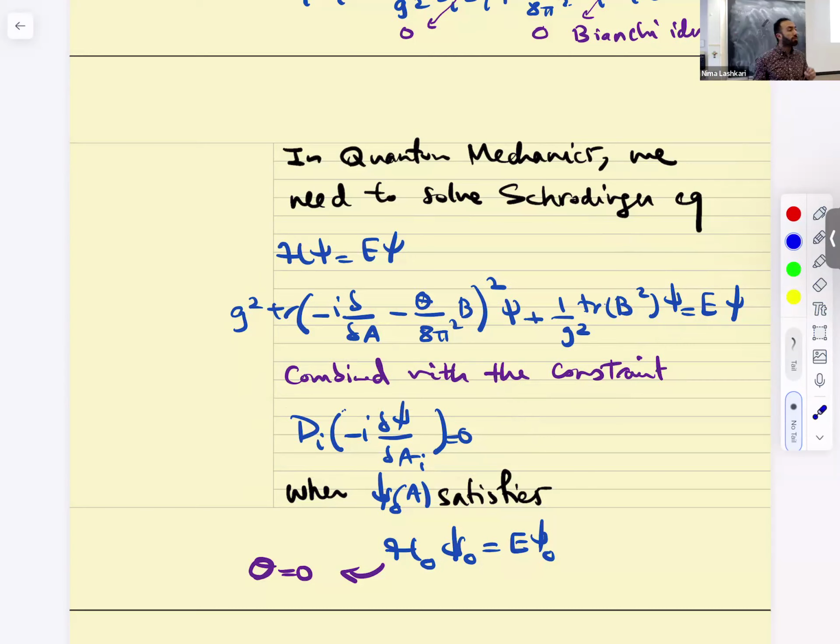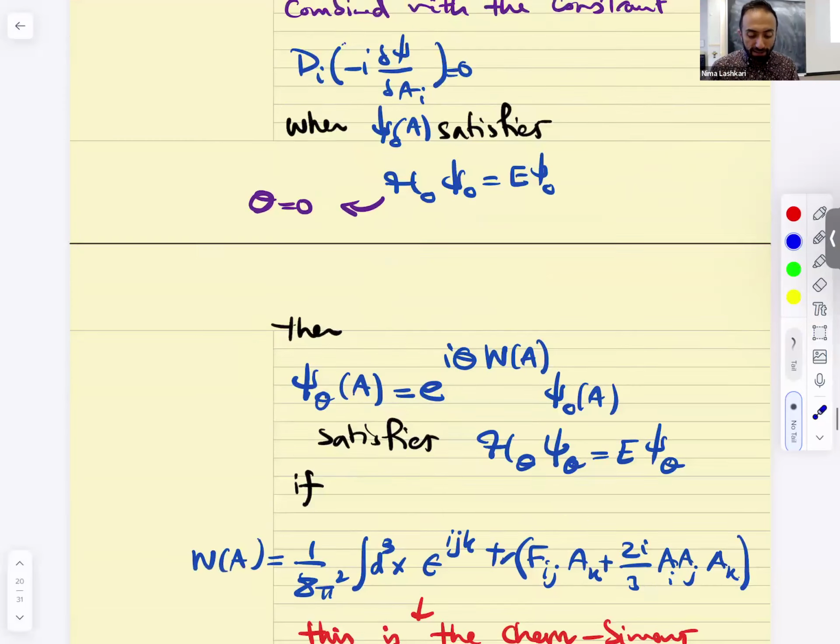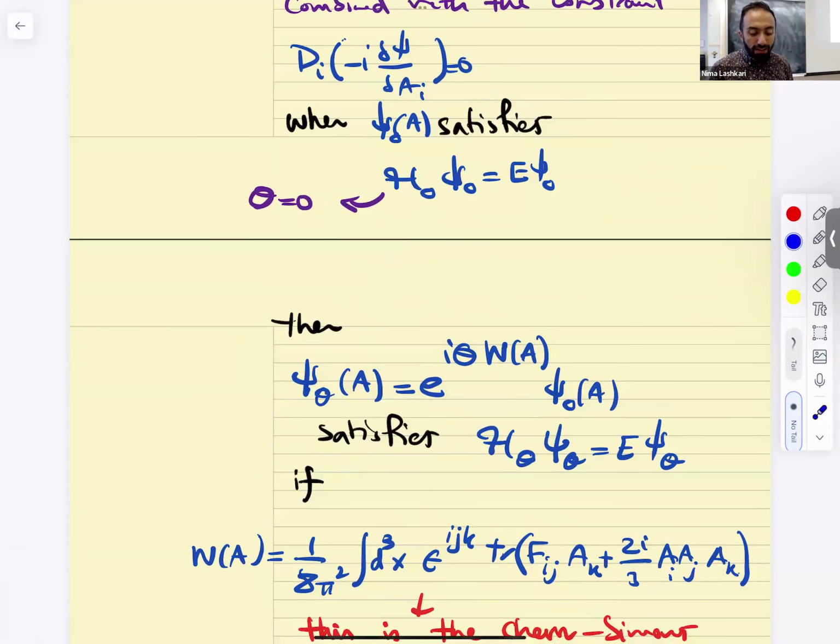Consider a solution with theta equals 0. So psi naught solves the Schrodinger equation for theta equals 0. The claim is, if you define psi theta of A as e to the power of i theta, W of A, that I'm going to define for a second, it will solve the equation for non-zero theta.